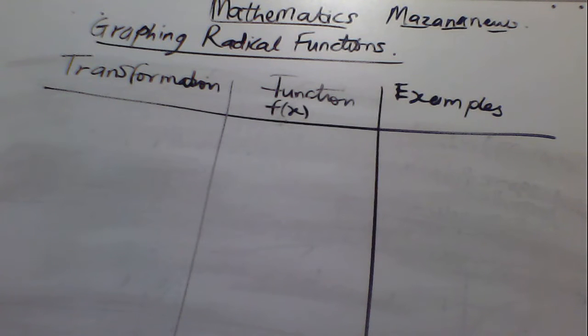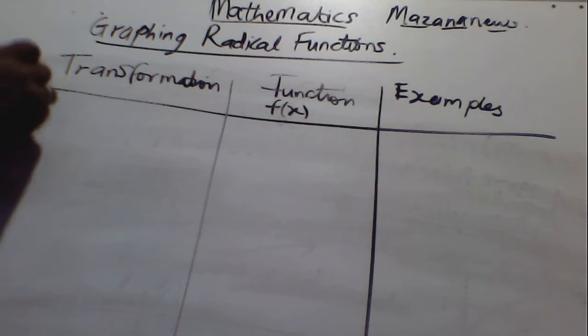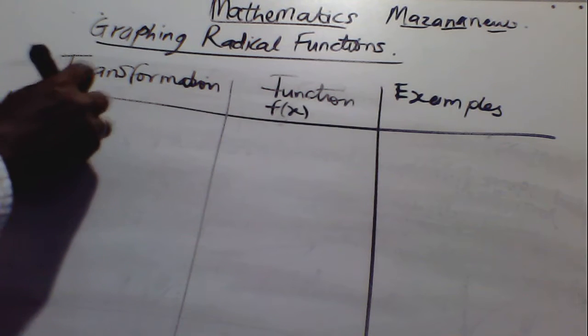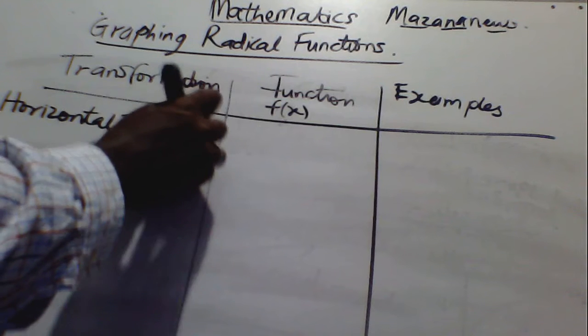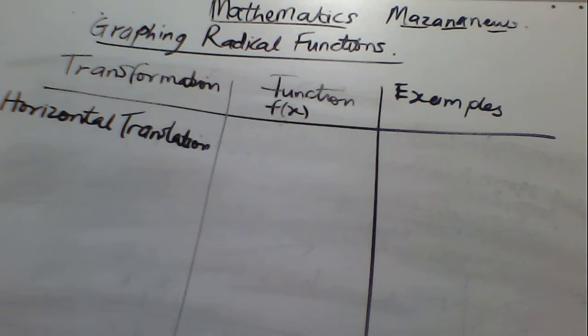The first is horizontal translation. The graph shifts left or right. We have done this when we were doing polynomial functions, so let me refer to it. There's no more difference between them.